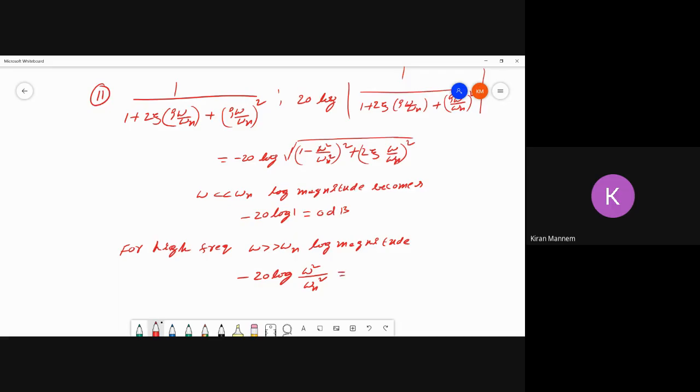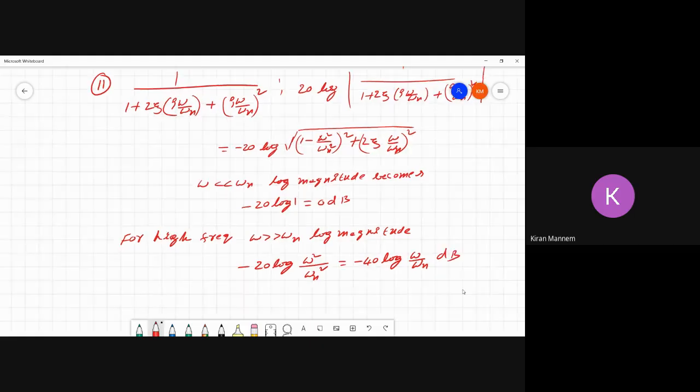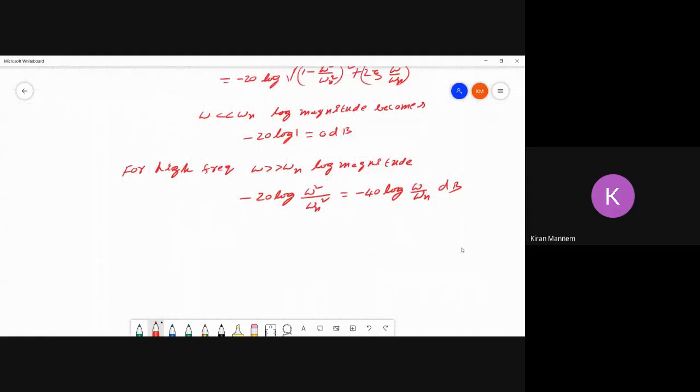So this would be minus 40 log omega by omega n dB, right? So for higher frequencies, the asymptote is a straight line having a slope of minus 40 dB per decade. So for a quadratic pole, the magnitude value would be doubled.